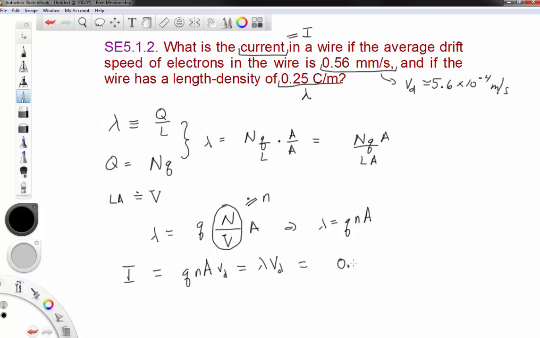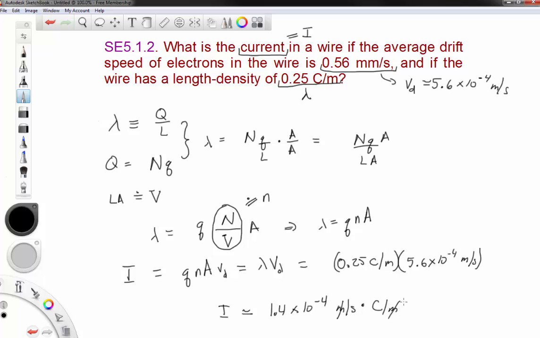So we have 0.25 coulombs per meter, and that gets multiplied by the drift speed of 5.6 times 10 to the minus 4 meters per second. So basically we want a quarter of this number, so that gives us that the current should be something like 1.4 times 10 to the minus 4 meters per second times coulombs per meter.